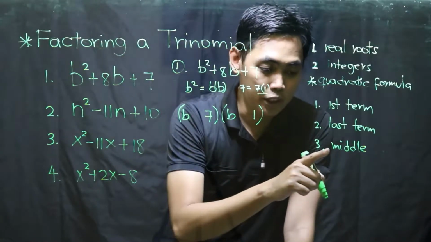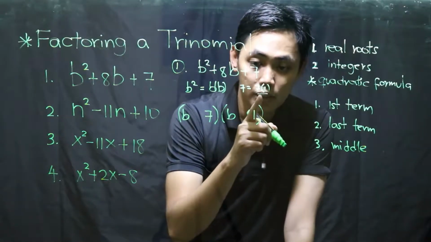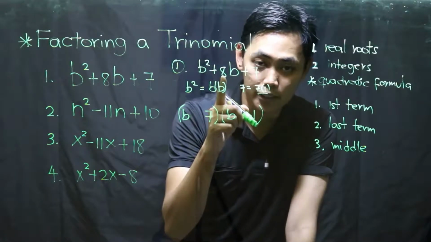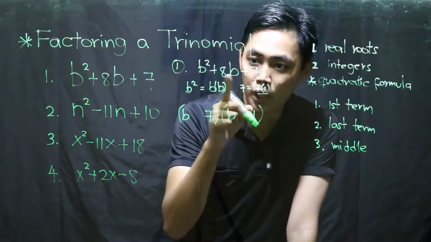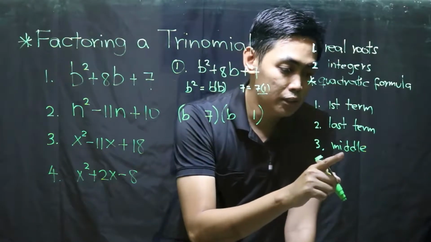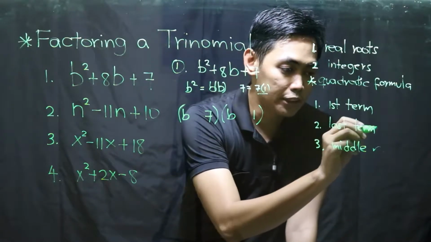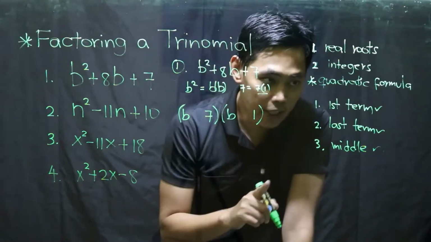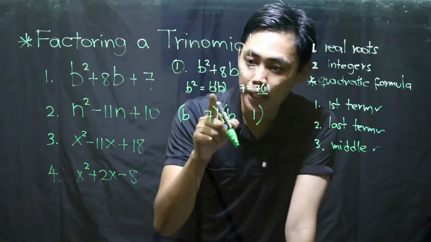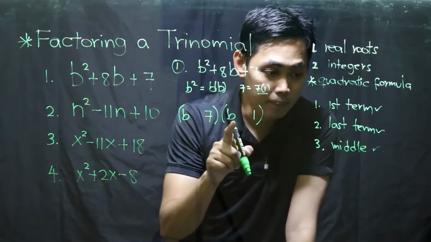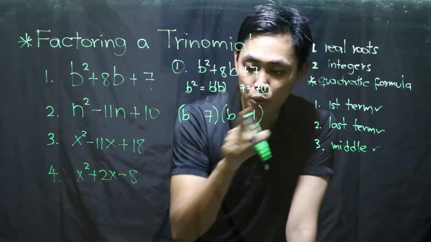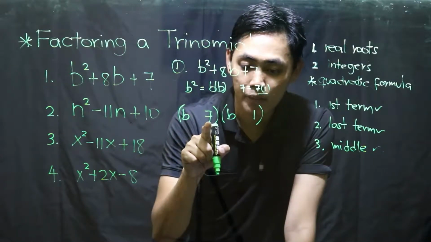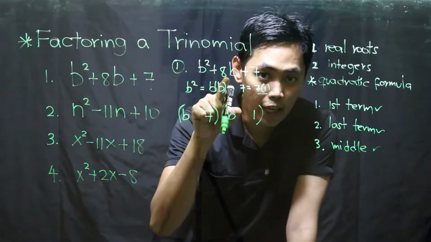After that, we add the factors and check if the sum of the factors adds up to 8. So middle, 7 plus 1 is 8. So the middle part is okay. The last term is okay, and the first term is okay. Again, first term, b times b. Last term, 7 times 1. Middle term, 7 plus 1, that would be 8.